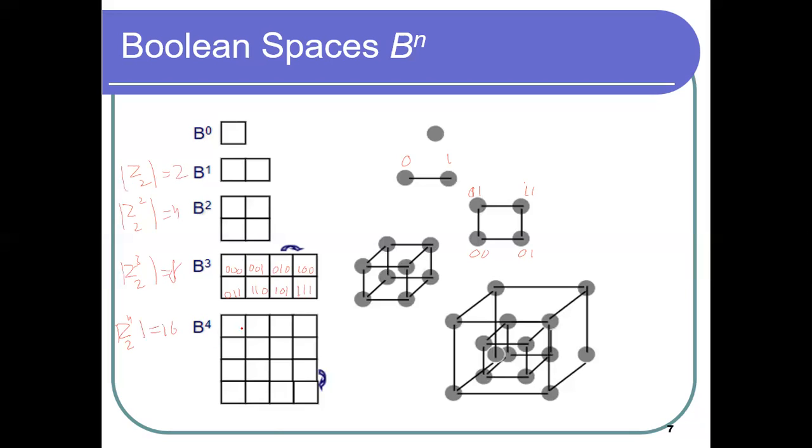It has a first element 0 0 0 0, then 0 0 0 1, then 0 0 1 0, and so on. The last element will be 1 1 1 1.